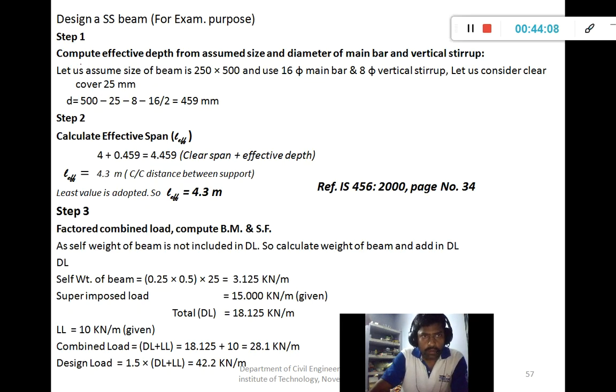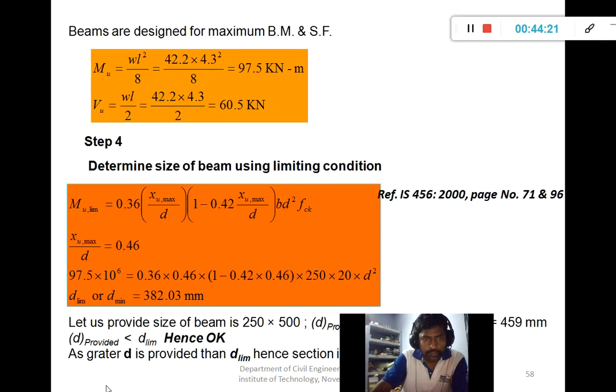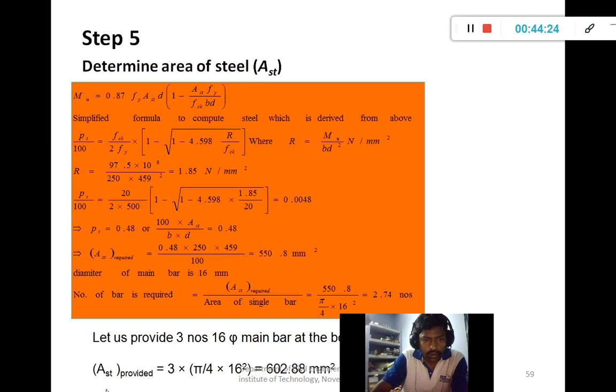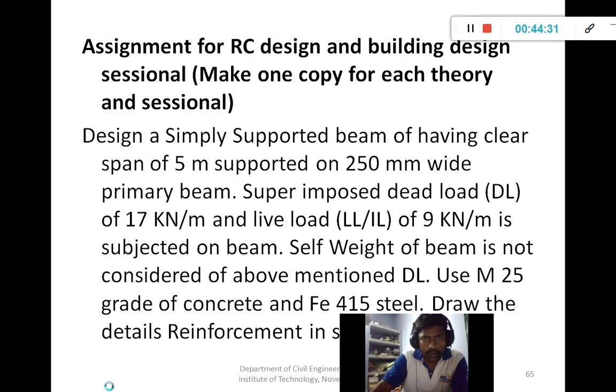So for exam purpose, in this way you have to design the members. You follow these steps, which I have mentioned in the previous slide. Now this is a very important thing, assignment for RC design and building design session.